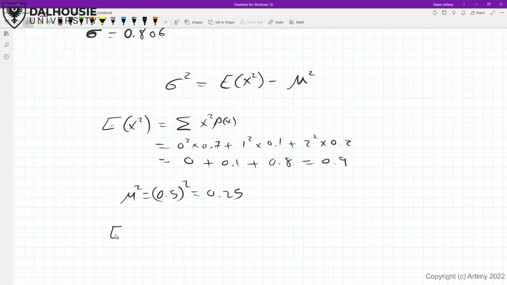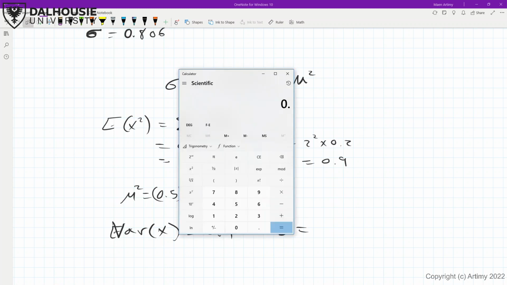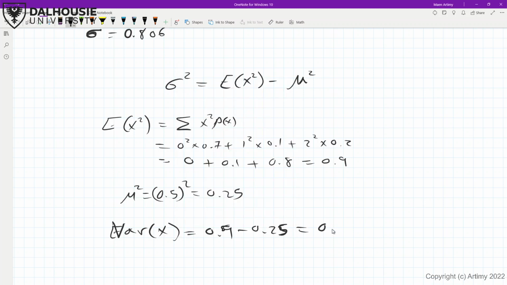All right, so the variance then is 0.9 minus 0.25. Does it give us the correct answer as before? I think it does. So that's 0.9 minus 0.25, 0.65, which is what we got earlier.